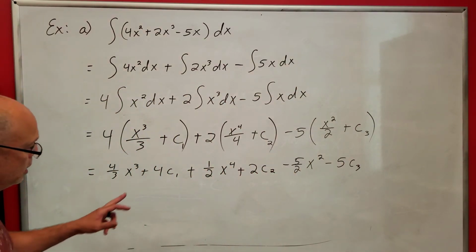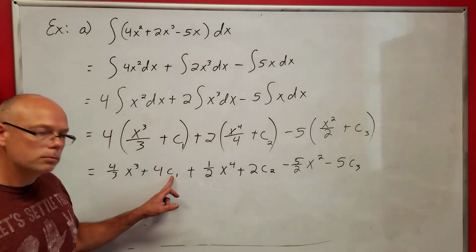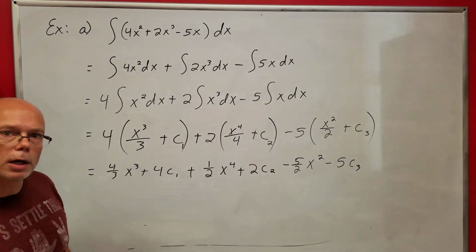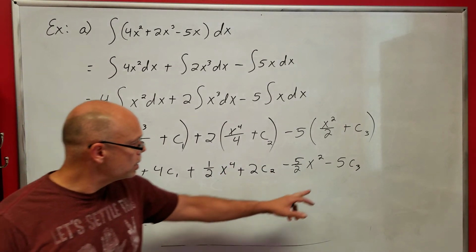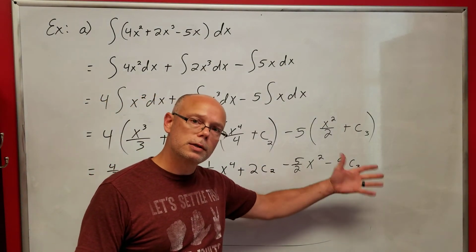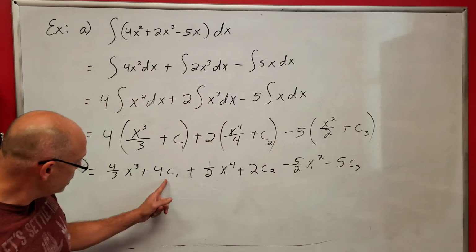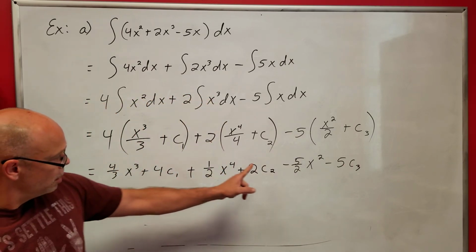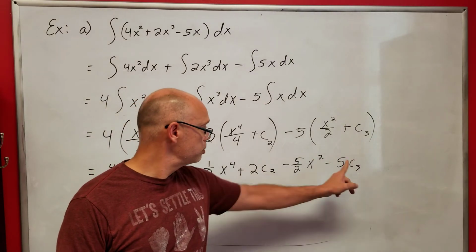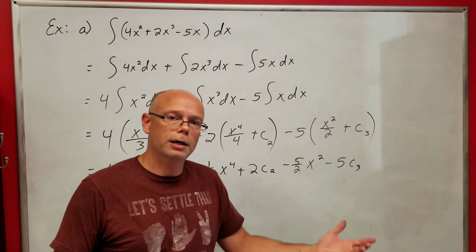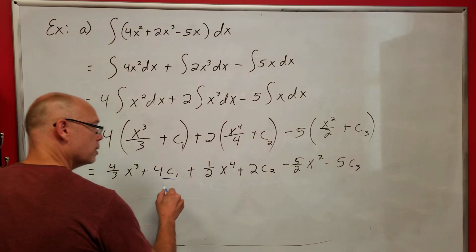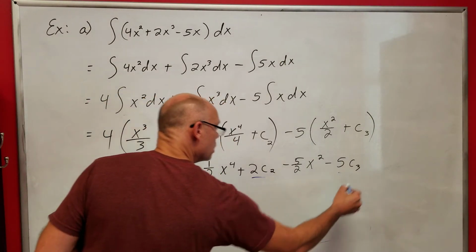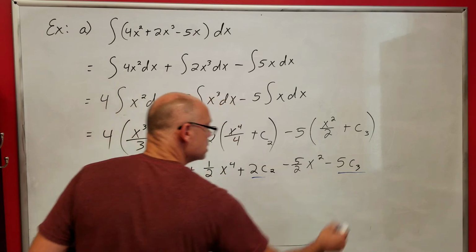All right, let me ask you this. What's 4 times c1? Just some constant, right? What's 2 times c2? Some new constant. What's -5 times c3? Some new constant, right? What's a new constant plus a new constant plus a new constant? A new constant, right? So instead of writing all of these, I could just write that all as one c value.